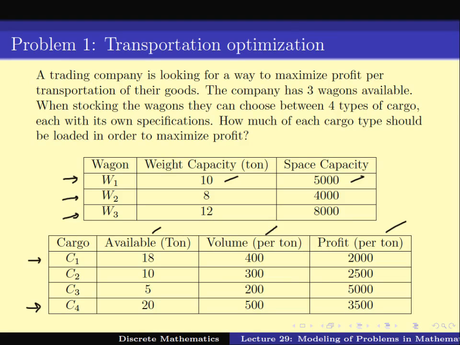Right? So there are various heuristic approaches that one can come up with. So maybe the cargo that has the maximum profit per weight, let's take that one.